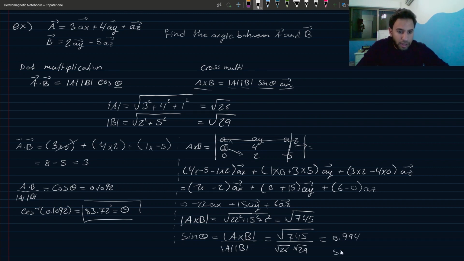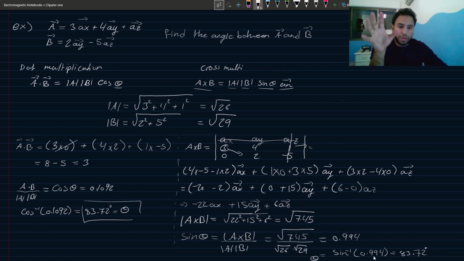And sine inverse of 0.994 is equal to 83.7 degrees, and this is theta.